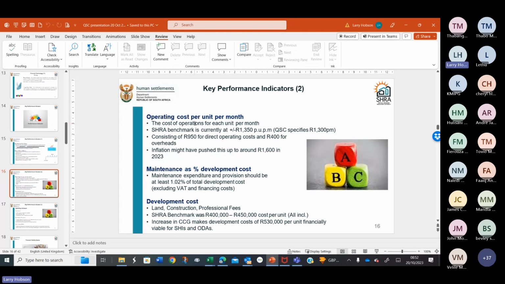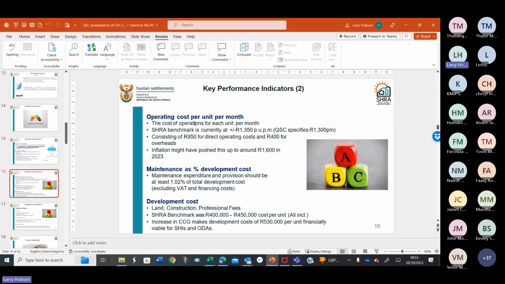So the current SHRA benchmark is 1350. It's made up of 950 for operating costs and 400 for overheads. But that's a bit dated. That was set a year or two ago.